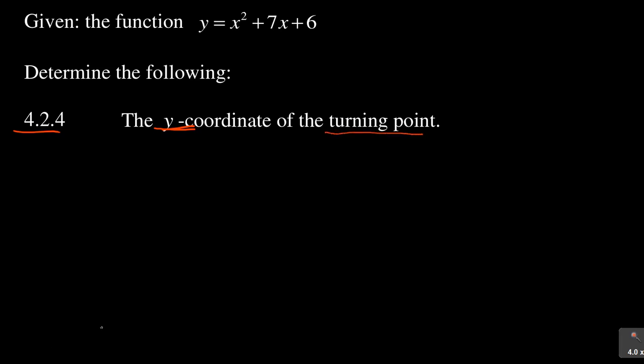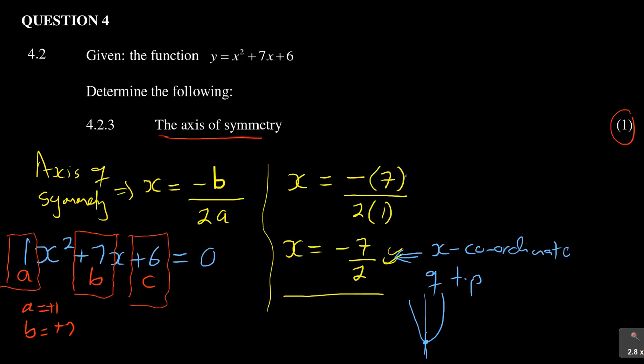So you have your original equation, y is equal to x squared plus 7x plus 6, and you have the x coordinate of the turning point from the previous question, x is equal to -7/2. That's the answer you use.